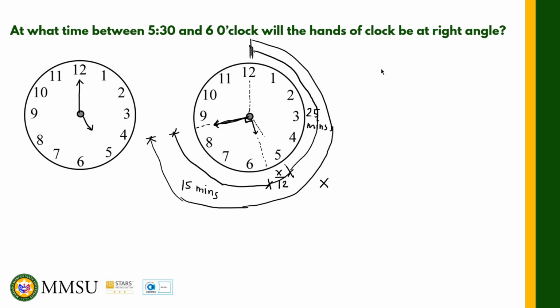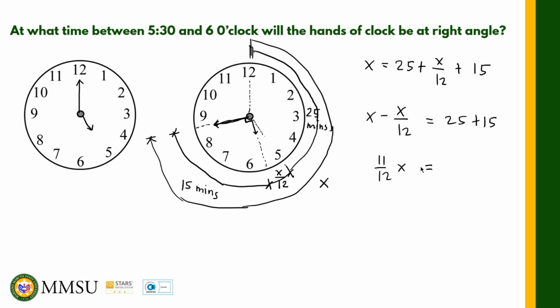So, yun na yung equation natin. X is equal to 25 plus x over 12 plus 15. And so we combine like terms, so that's x minus x over 12 is equal to 25 plus 15. So that's 1 minus 1 over 12 is 11 over 12. This is 11 over 12 x is equal to 40.